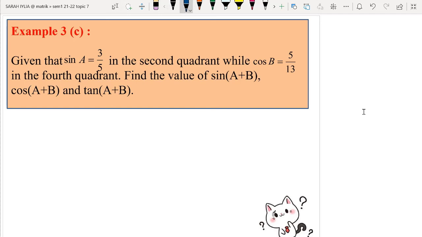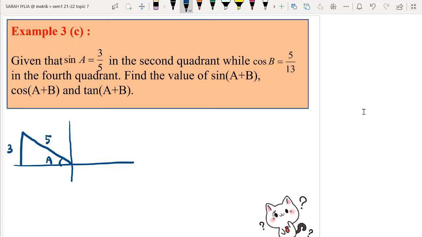So, dia kata A tu duduk dekat second quadrant. Okay, kita lukislah second quadrant. Triangle saya dekat second quadrant. It's A there. Okay. And then dia kata sine is 3 over 5. Sine apa? Opposite over hypotenuse. So, maksudnya opposite tinggi kita tu dapat 3. Hypotenuse will be 5. And then what is our base?